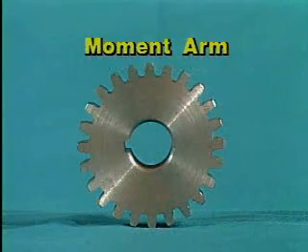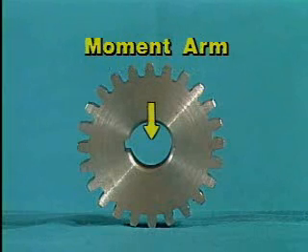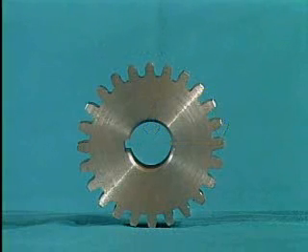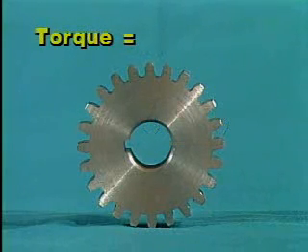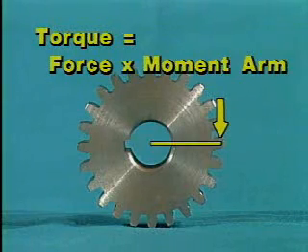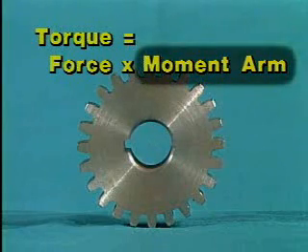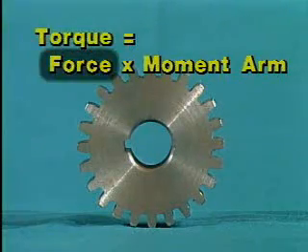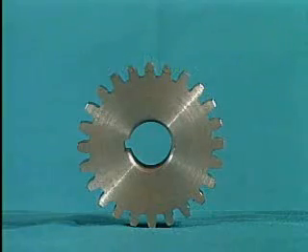The term moment arm stands for the distance from the center of a gear's rotation to the point at which force is applied. So, torque equals the force that's applied to a gear times the gear's moment arm. This means that the longer a gear's moment arm, the greater the amount of torque that's produced for a given amount of force.